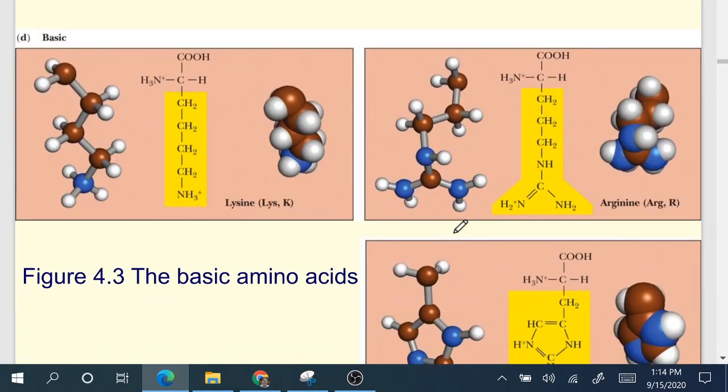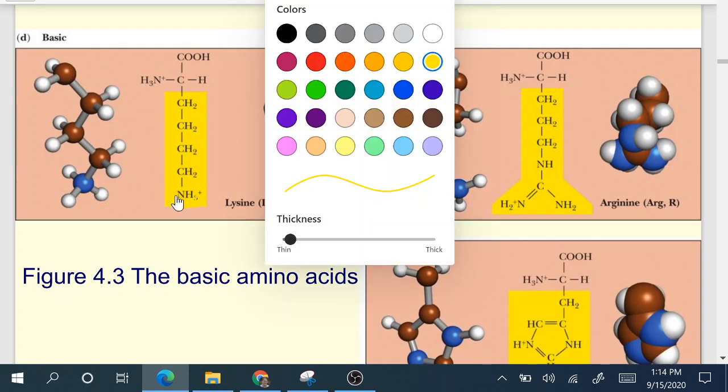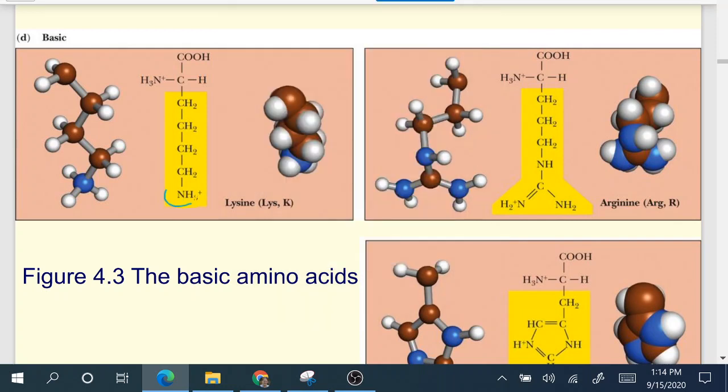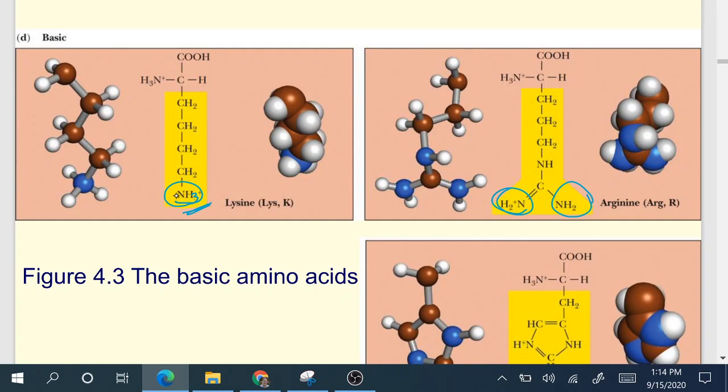Alright, next we have the basic amino acids, which have an NH2 on them. So here and here, they do have an NH2. It doesn't matter, these are equivalent. They have resonance. But shown here, this is an NH3 plus because it's picked up a hydrogen already, because it's a base, and generally under biological conditions, these are going to have a positive charge.